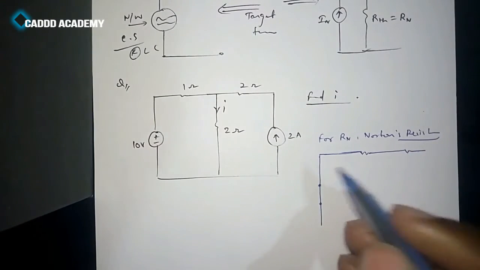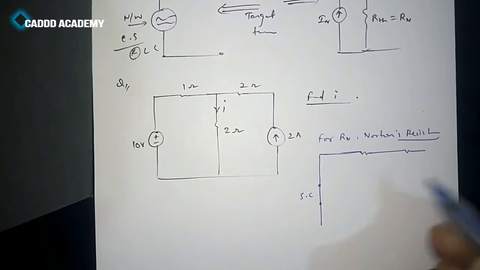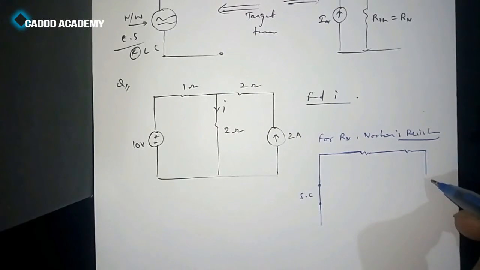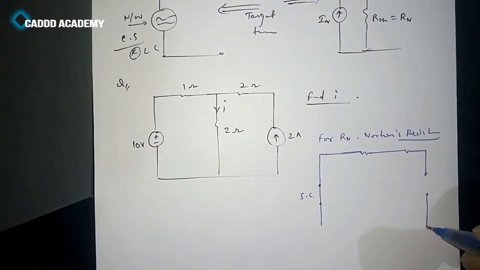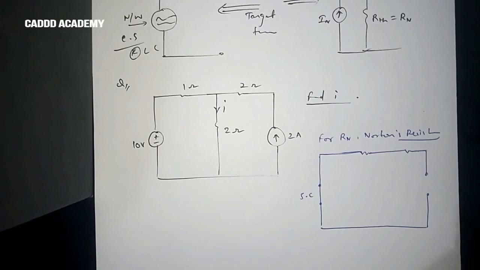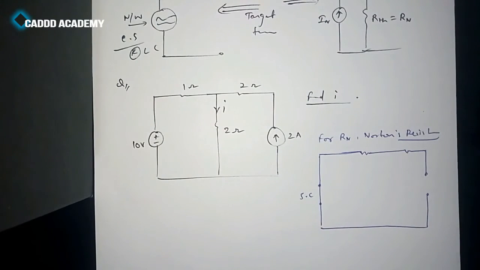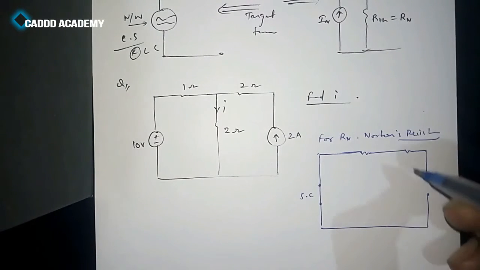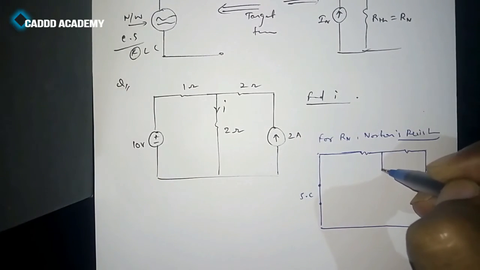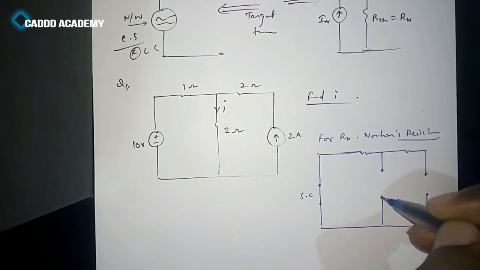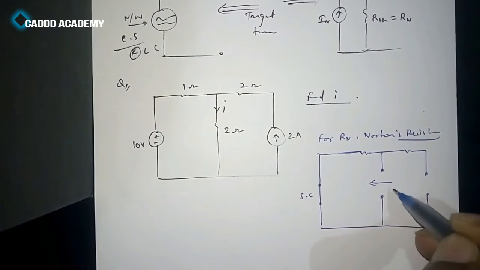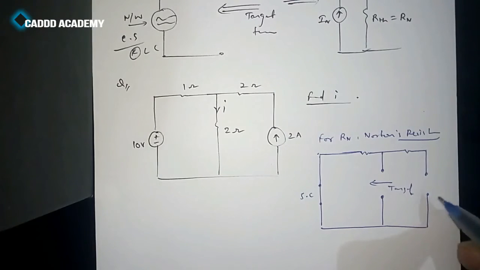The voltage source will be short circuited and the current source will be open circuited. So no current will flow from here, so this source has been made 0, and no voltage is here because we have short circuited the voltage source, and we have to open the terminal which is our target terminal.